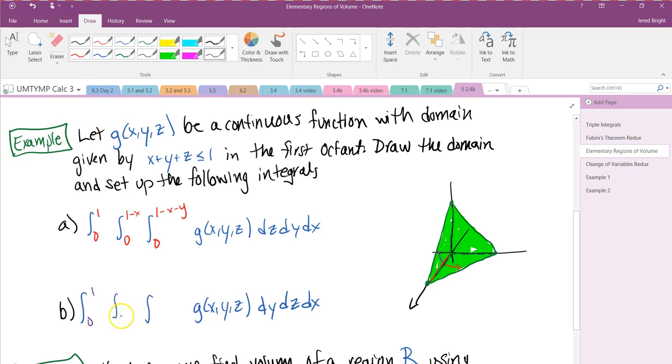So there we go, that's our bounds for that one. And then the last one in y, similar thing, now I just need to go out. So 1 minus x minus z should be the boundary there. All right. So again, we've seen this before, but now it's been a while, so we're just reviewing it.